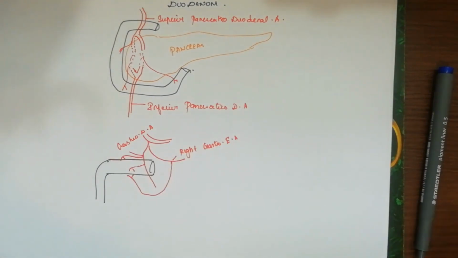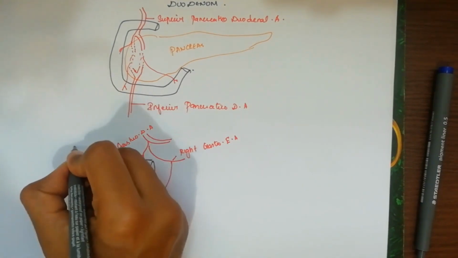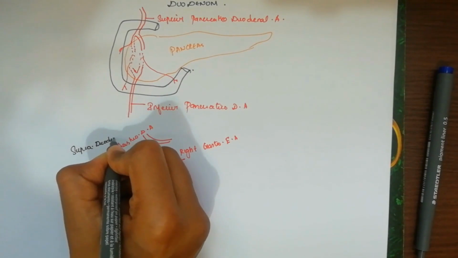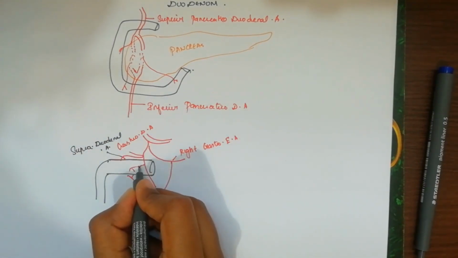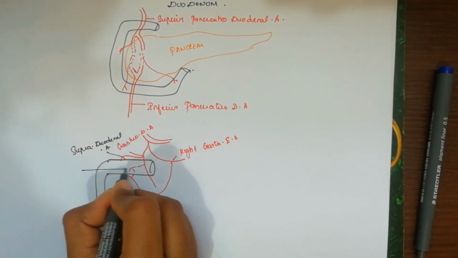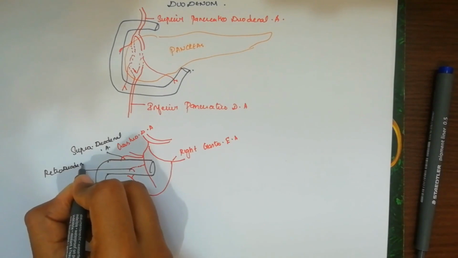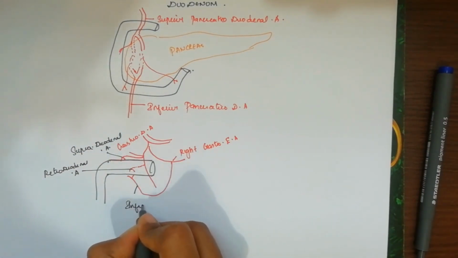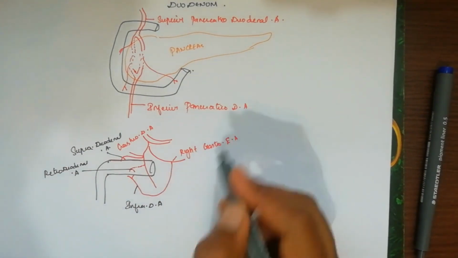I will summarize again. Two branches come out from the gastroduodenal artery: one is the supraduodenal artery and the other is the retroduodenal artery. And this is the infraduodenal artery, which is a branch of the right gastroepiploic artery.